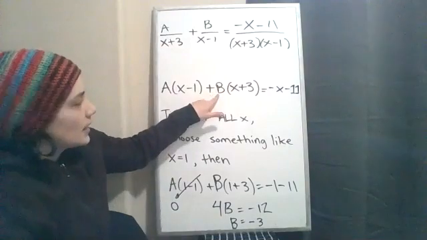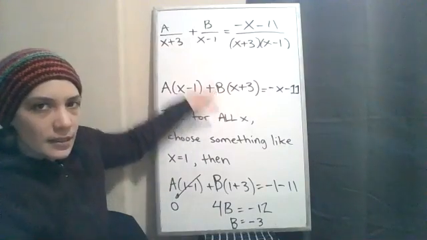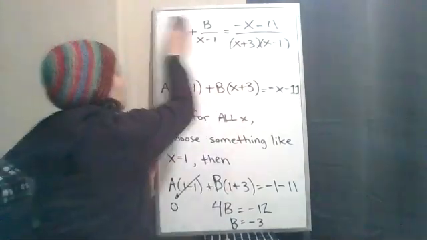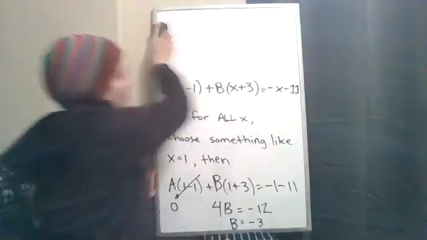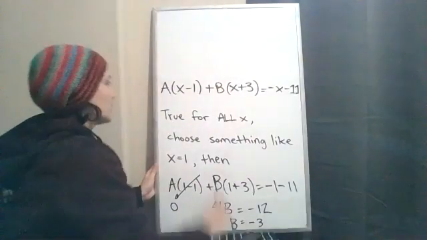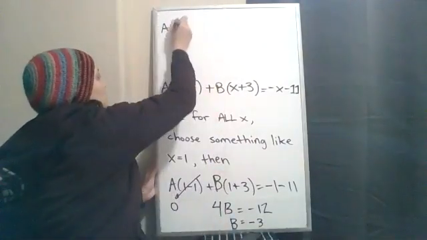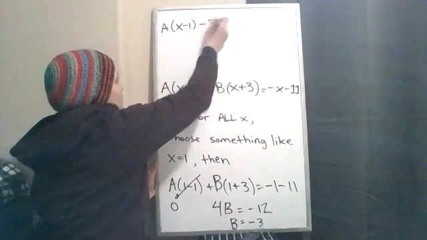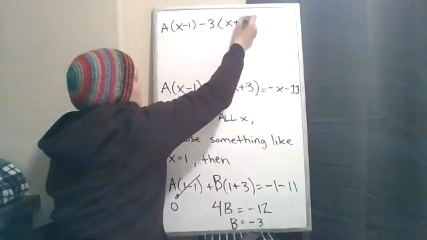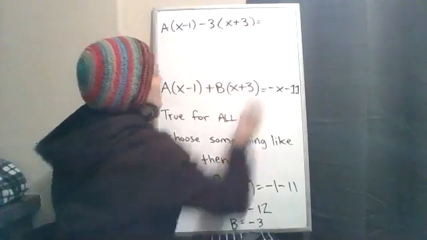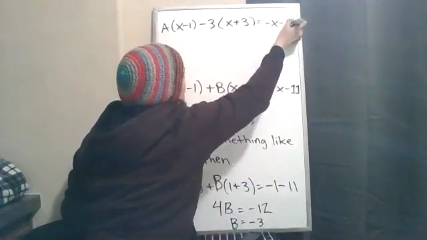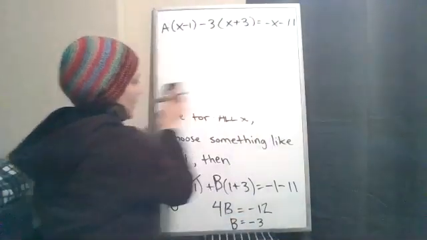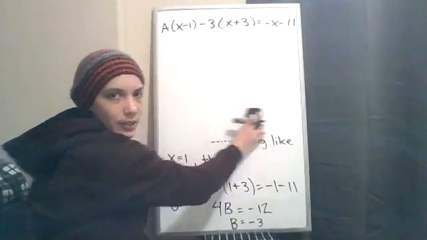I can go ahead and put that in here. Let's rewrite this all up at the top. We still need to figure out what a equals, but I got b, and it's equal to negative x minus 7. Again, any x will work.